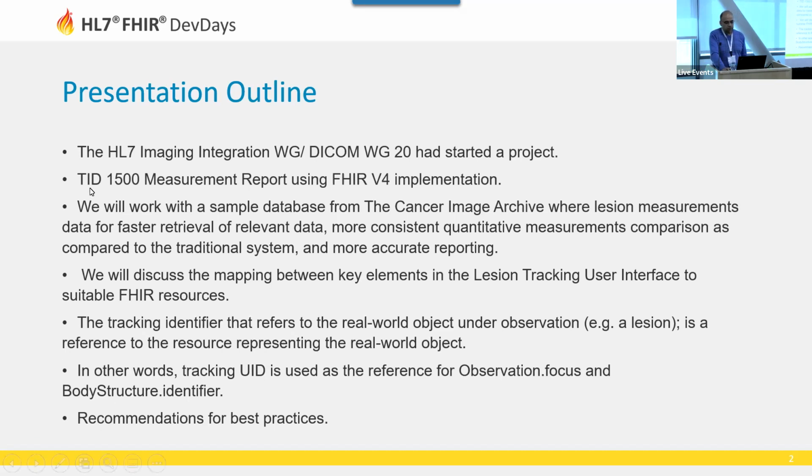I will focus mainly on the TID 1500, because it is actually the primitive that was highlighted by the IHE AI results profile, and it can actually represent so many of the results that are important for analysis.